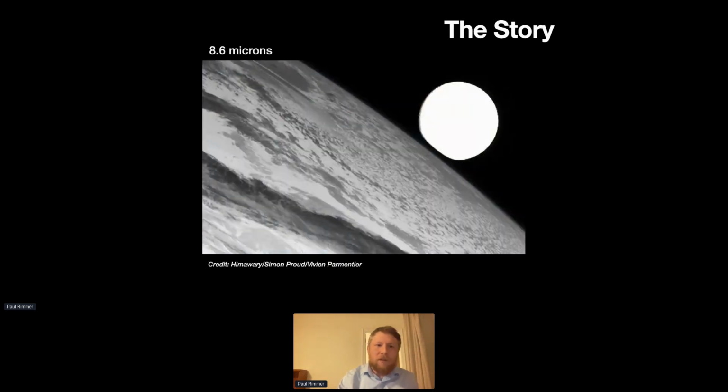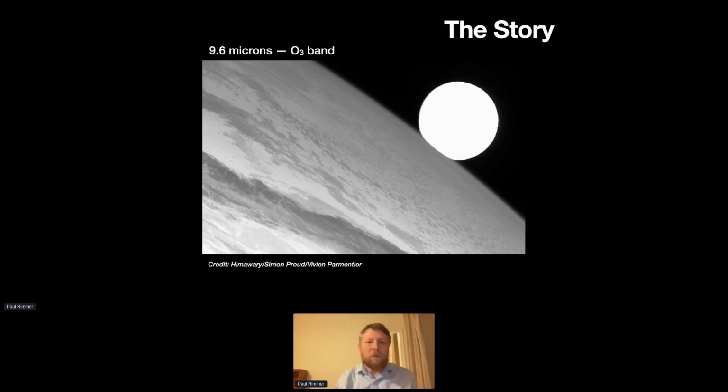So this is a real color picture of Earth's atmosphere with the moon, as you see in the background. Beautiful picture. This is what this looks like at roughly 8.6 microns. And then if you switch to 9.6 microns, you end up with this ozone. So you end up seeing something that absorbs light in this atmosphere.